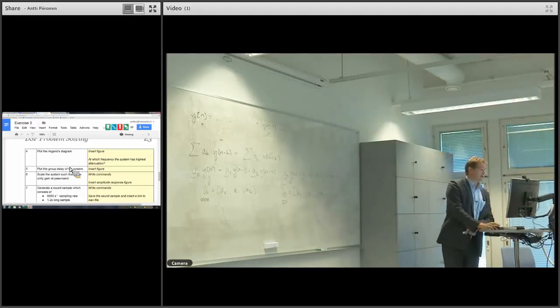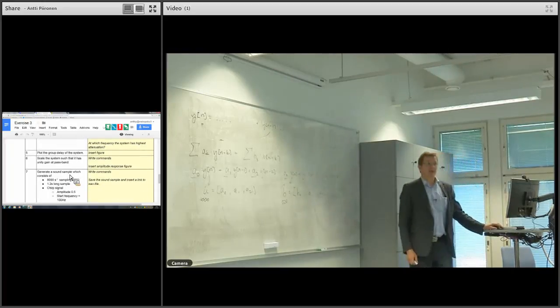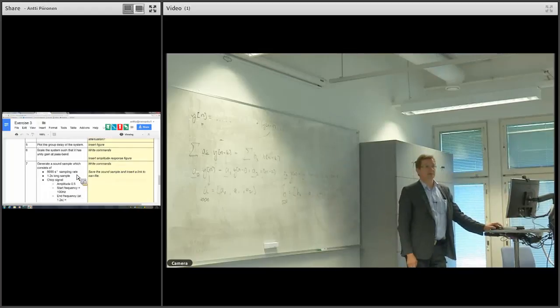Okay, then group delay, which is a derivative of phase response. Then scaling the system. A good filter has unity gain at bandpass.